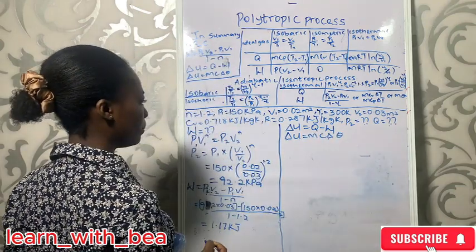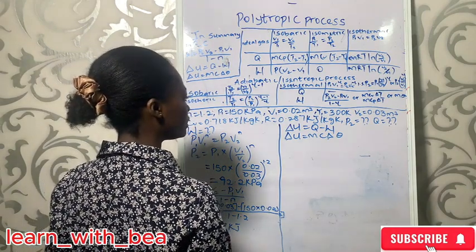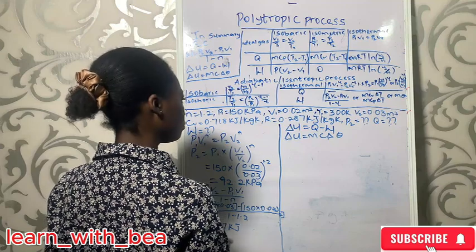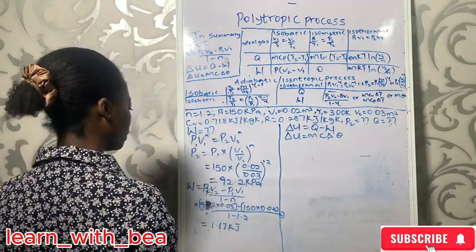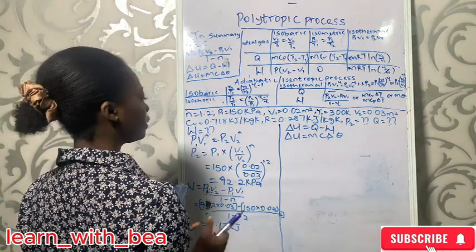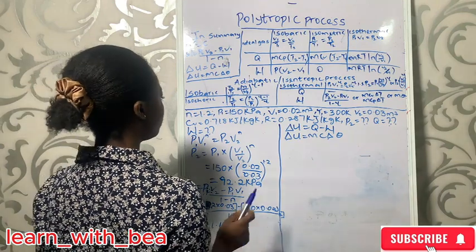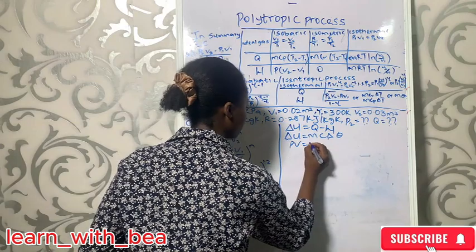Do we have m? No. Do we have c? Yes. Do we have T2 and T1? We have T1, but not T2. So we need to calculate m and T2.